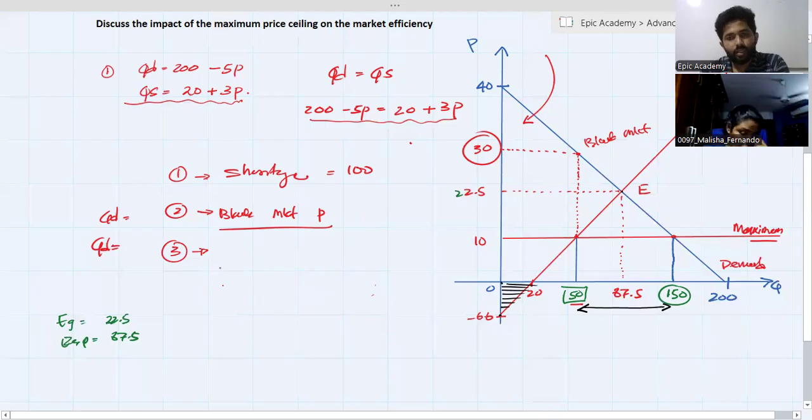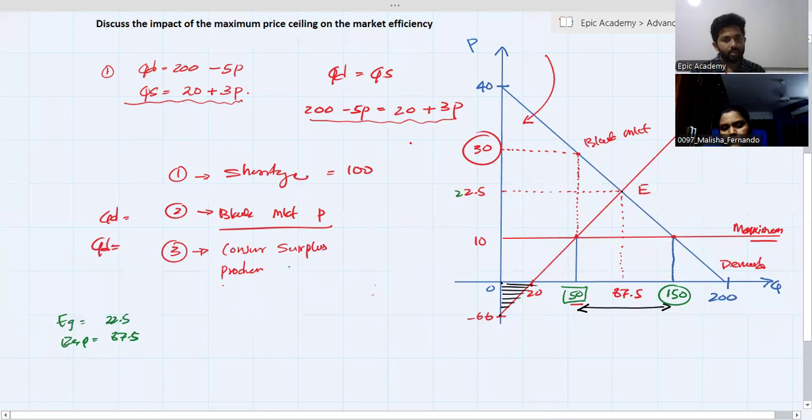Third one is maximum price. Already we calculate the consumer surplus and producer surplus. But after imposing that kind of maximum price, each and every economic activity, I mean demand and supply, change.